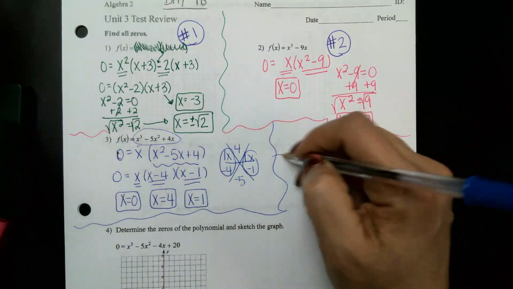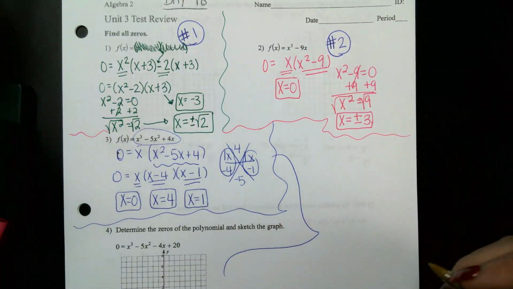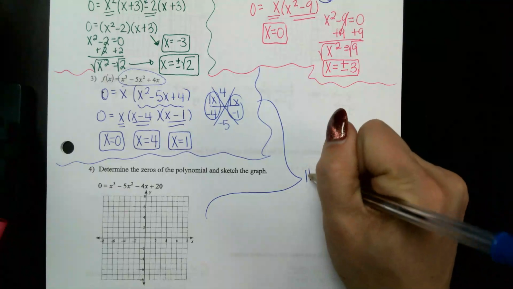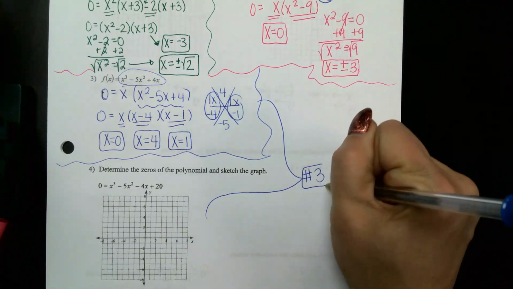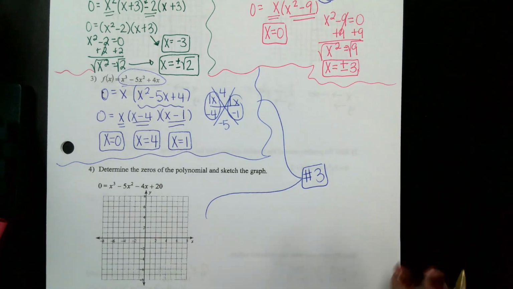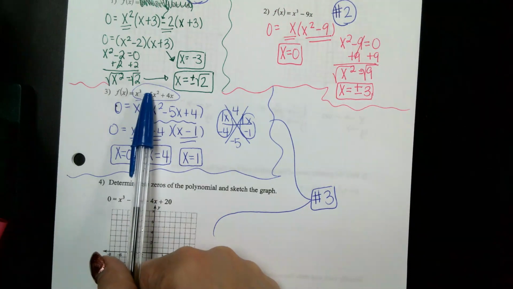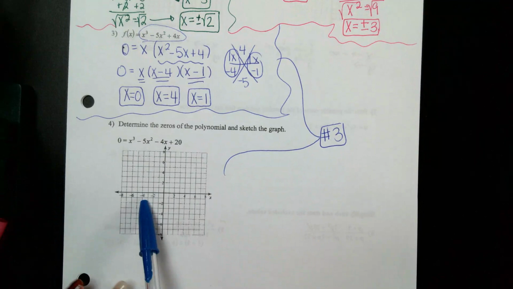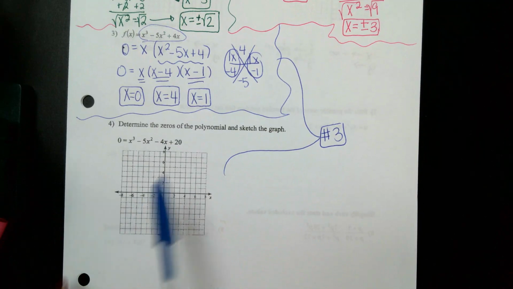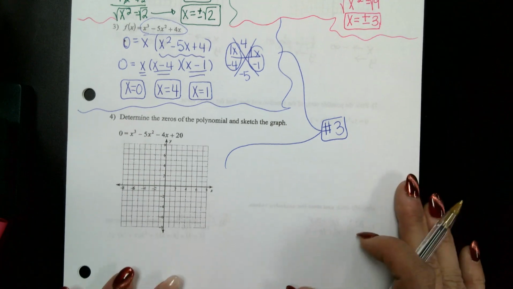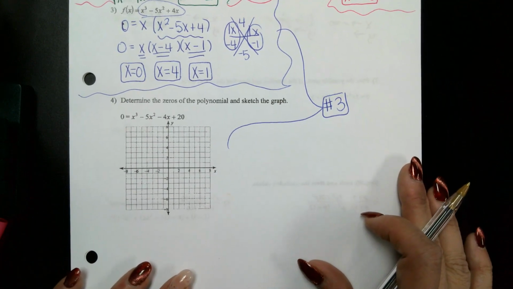So number 3 on your test is basically a combination of number 3 and number 4, if that makes sense. It's going to be this kind for you to factor, but then you'll have to sketch it. We went through the sketches yesterday, so you'll see once I go through it.